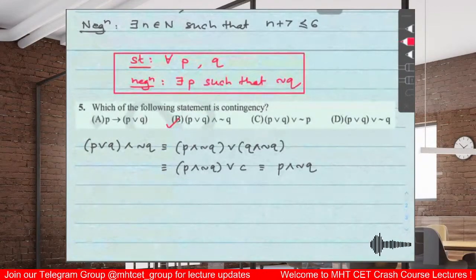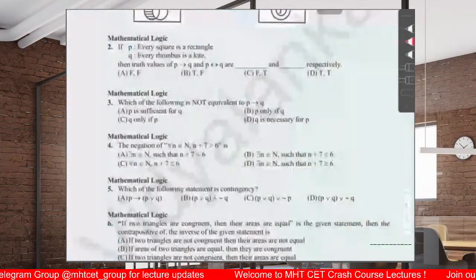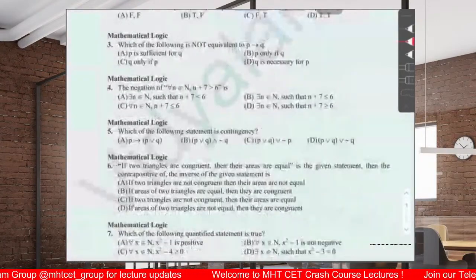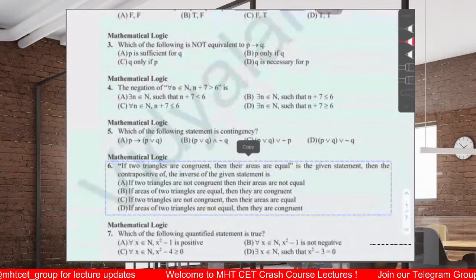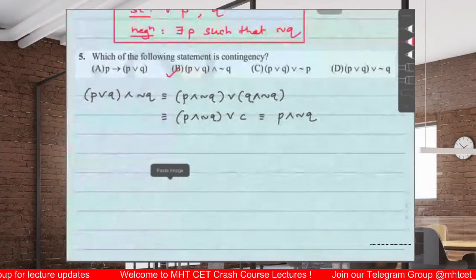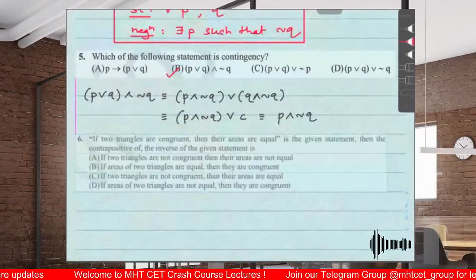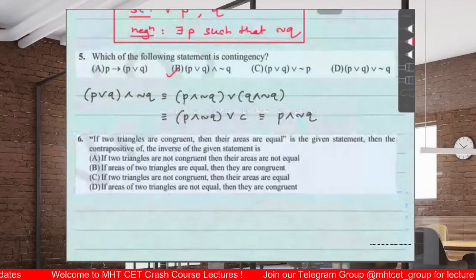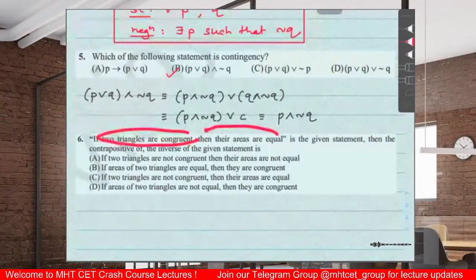Next, ये हो गया, 6th। में क्या होगा, बोलो जरा, क्या लिखा है? Two triangles are congruent, then their areas are equal.